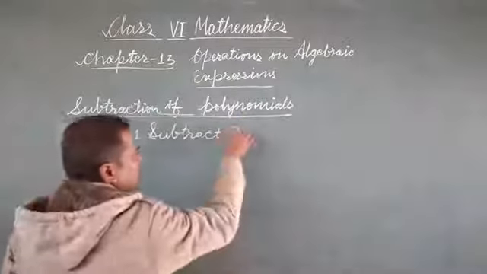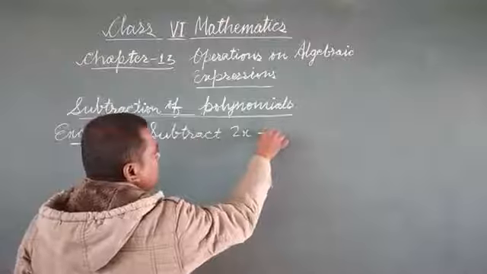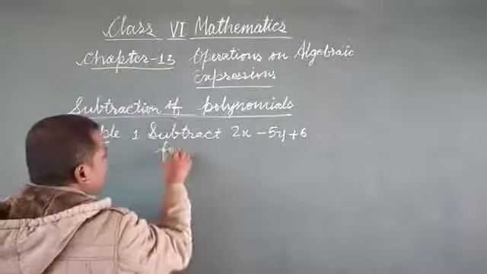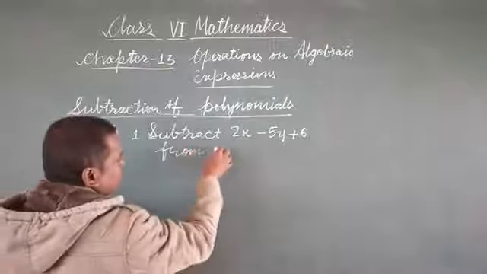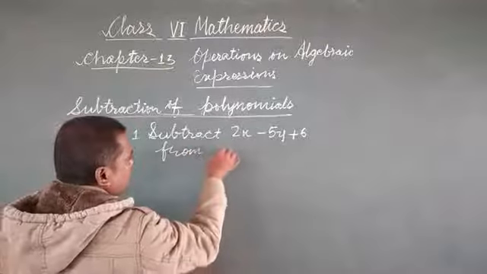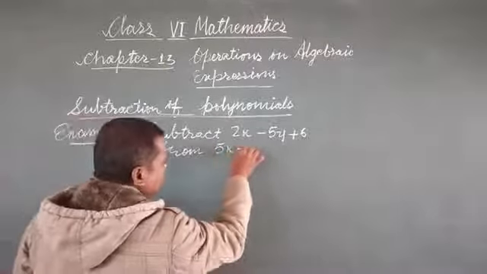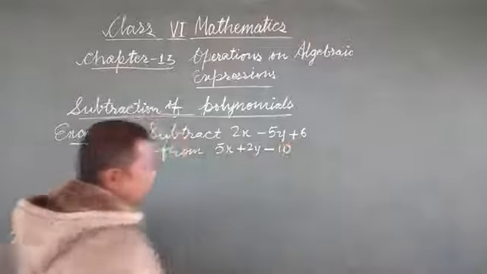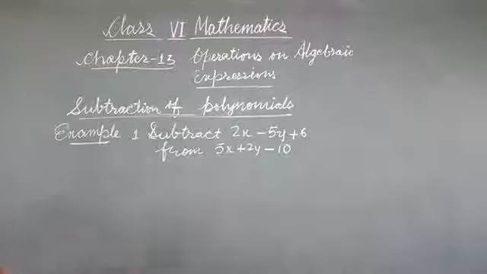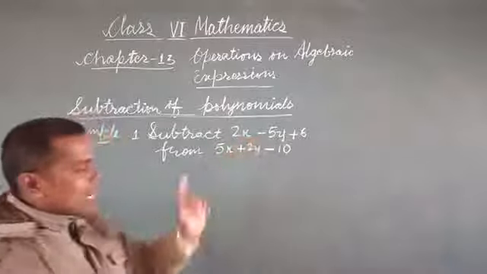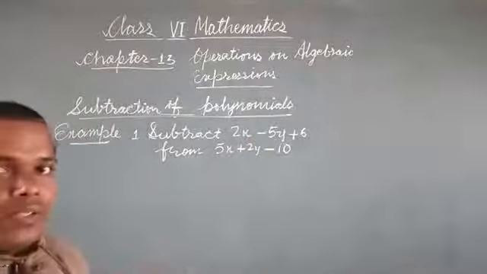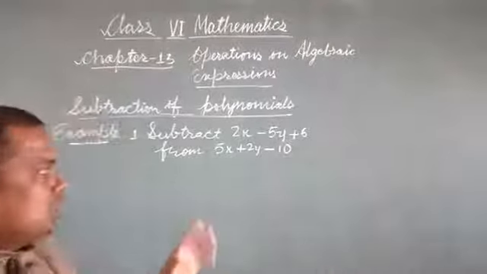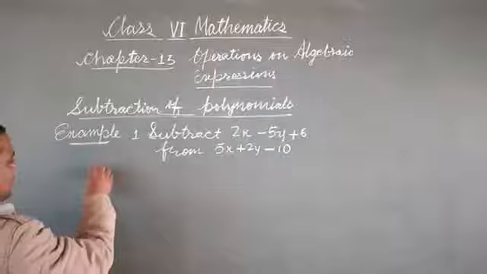Subtract 2x minus 5y plus 6 from 5x plus 2y minus 10. These two polynomials we have, and we have to subtract. Now I am going to discuss with you two methods of subtraction, column method and horizontal method. So first I am taking the column method.